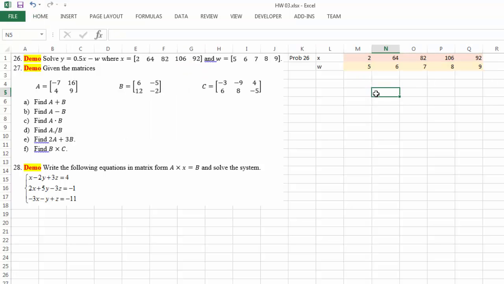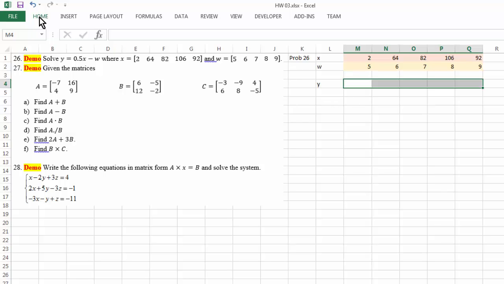Okay, so now to determine matrix Y. When you do matrix operations in Excel, something you need to know is that before you perform the operation, you need to already know the size of your final answer. So in this case, because I am doing these types of simple operations, I know that my final answer, matrix Y, has to also be a 1 by 5 row matrix.